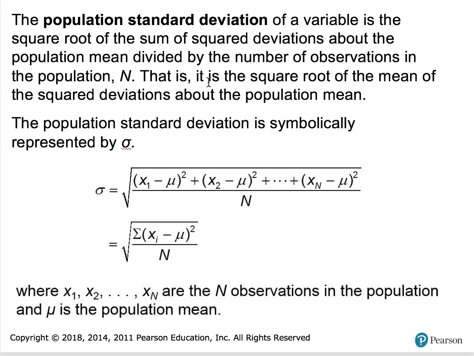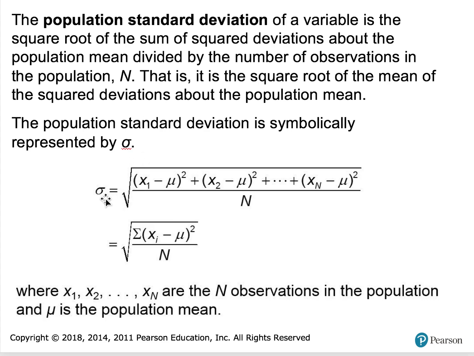Sometimes our definitions are a little hard to read through, but once we show the example, maybe it'll be more clear. So here's the formula. This symbol right here is a lowercase sigma. Remember, when we're talking about parameters, we usually use Greek letters. So sigma represents the population standard deviation.